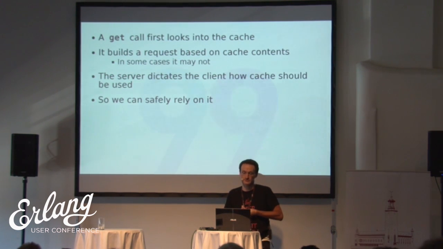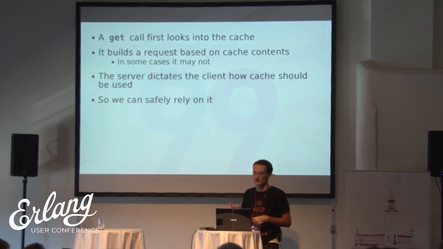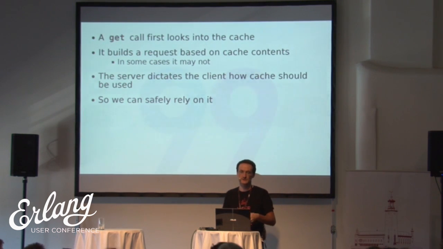For example, you can cache data, and the client may not query the server to know if it's updated, or you may want the client to query the server. So there are a few different cache mechanisms, and the server is the one that dictates how it works. So we can rely on it. It's always the server. The user of the client doesn't need to care about this. It will always get the data that the server wants the client to get.